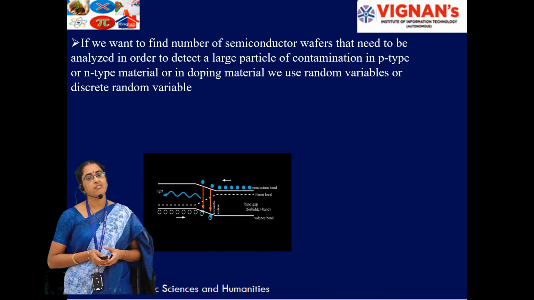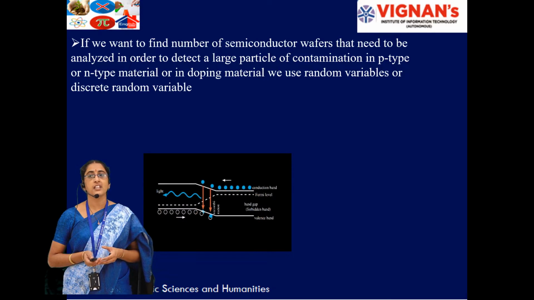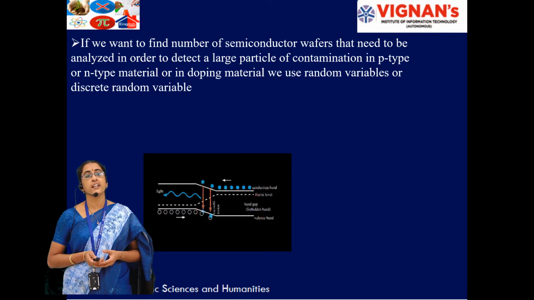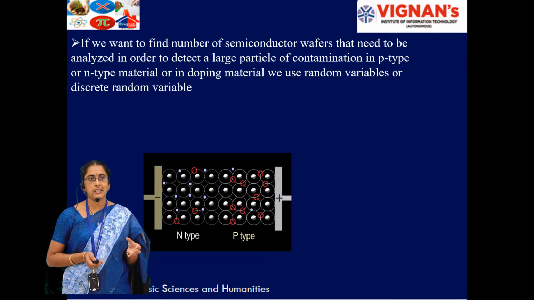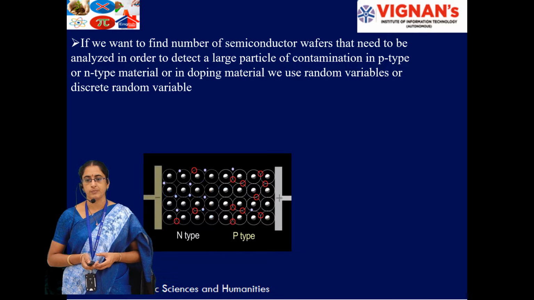Now, this random variable is useful to find the number of semiconductor wafers that need to be analyzed in order to contaminate the p-type and n-type wafers. It is also useful to find the angular velocity of a circuit, whether it is accepting the current or not, how much current it is accepting and how much current it is rejecting. We can find that using this random variable.